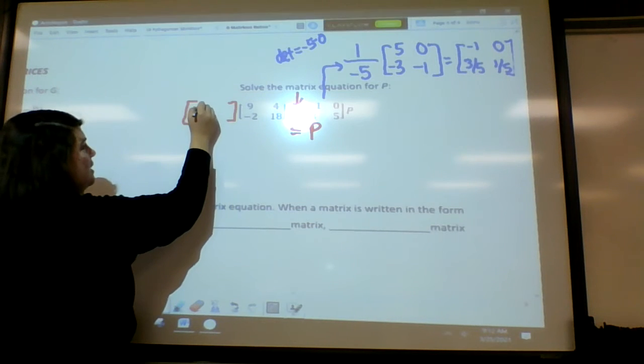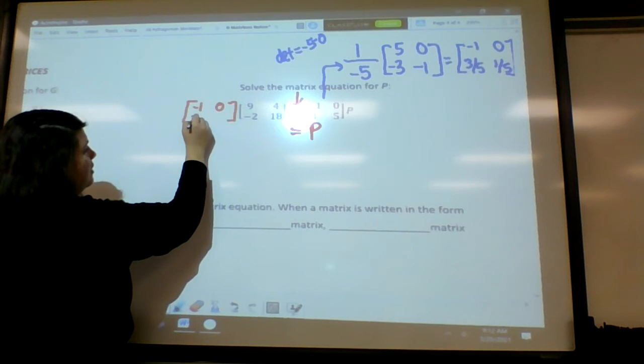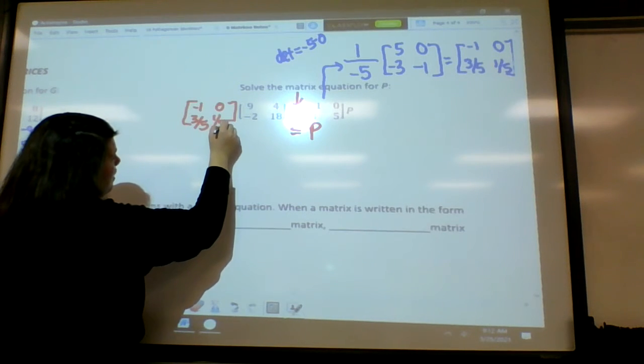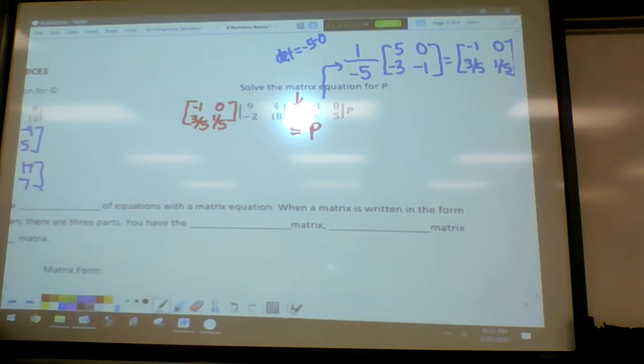Okay. So -1, 0, 3/5, and 1/5. And when you do that operation, you will get P, what that missing matrix is.